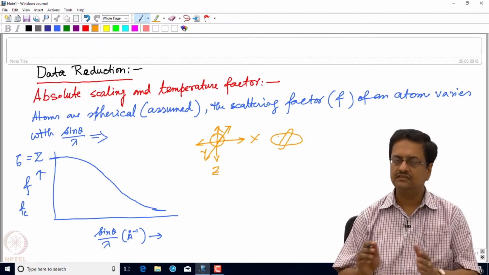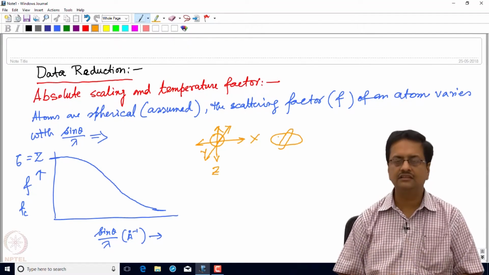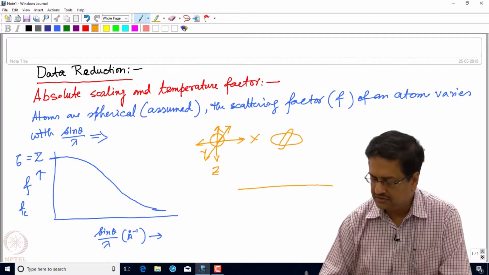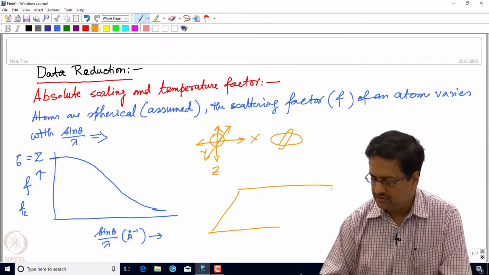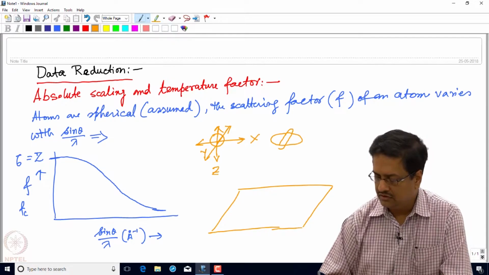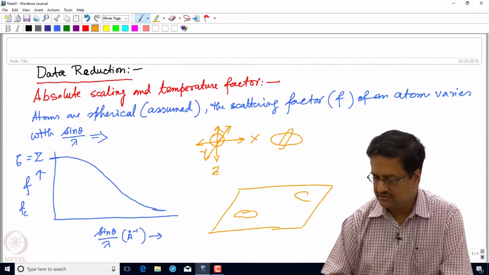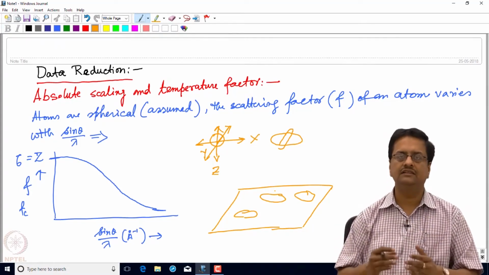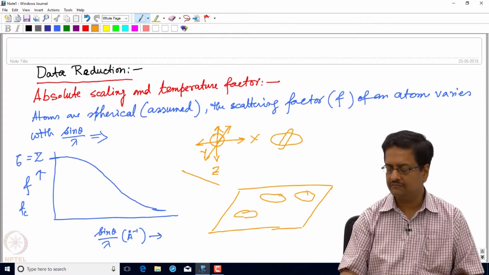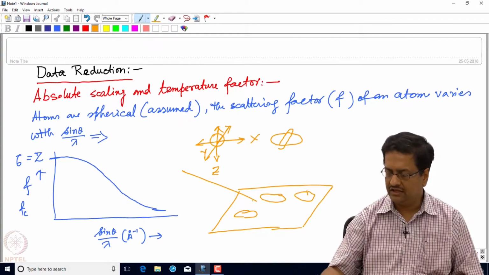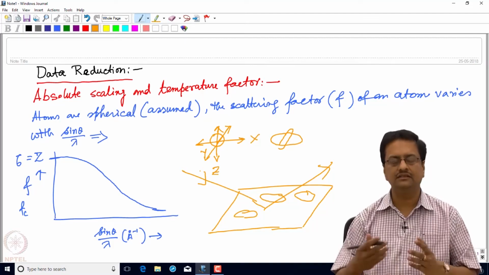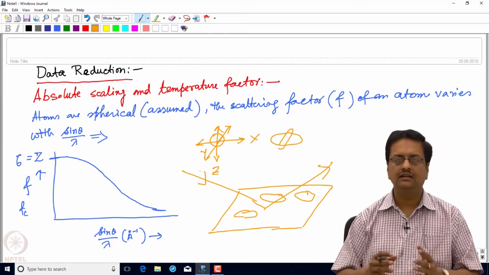So, when this electron density is diffused, the diffraction from a given plane having several diffused electron densities at different places will have a certain intensity of diffraction.